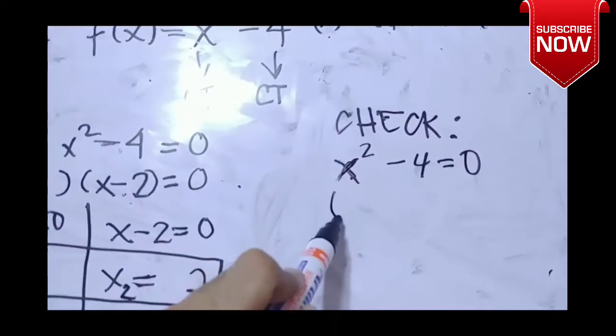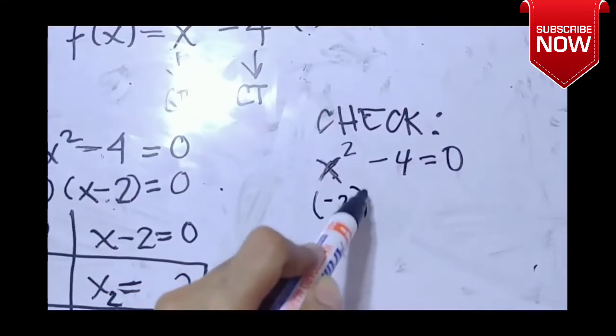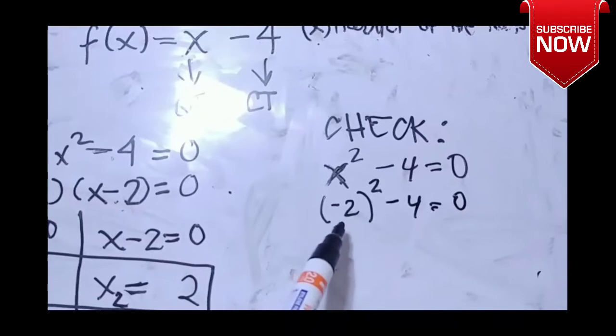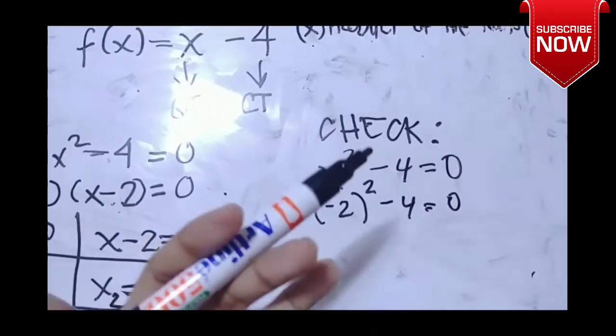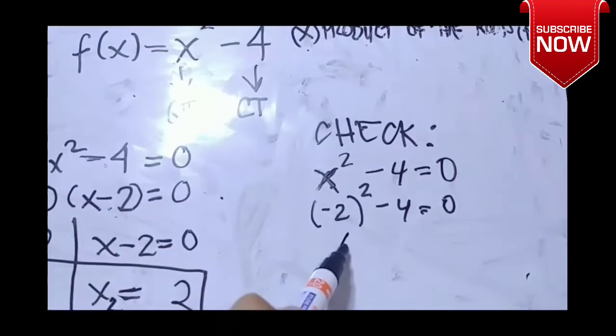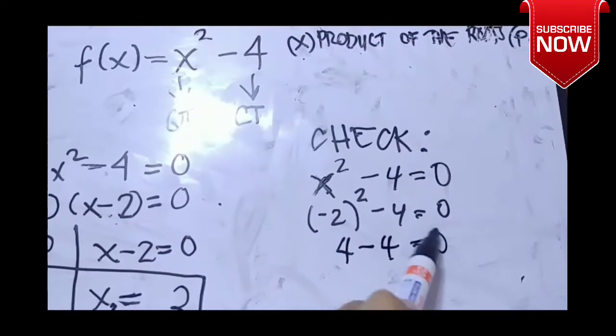Alright, so, negative 2 squared minus 4 is equal to 0. Ang negative 2 ba, pag minultiply mo by itself, anong sagot? That's 4. Minus 4 is equal to 0, therefore check.